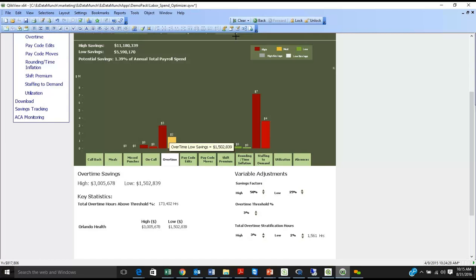Now, what we call that is a potential savings. It's not really a savings because you don't know the situation of what really happened unless you go into the details behind the situation. So you can actually now drill down into why this overtime really happened.